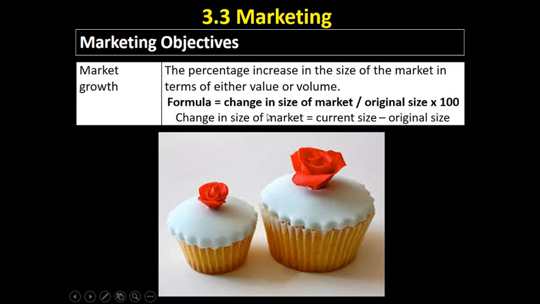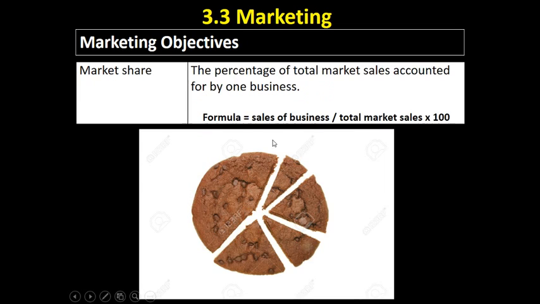Really important to be able to work out a percentage change in business. Okay, we might need to do it for a lot of things. Having a look at how the size of the workforce has changed. So calculating percentage changes is an essential skill. Make sure you know how to do it.